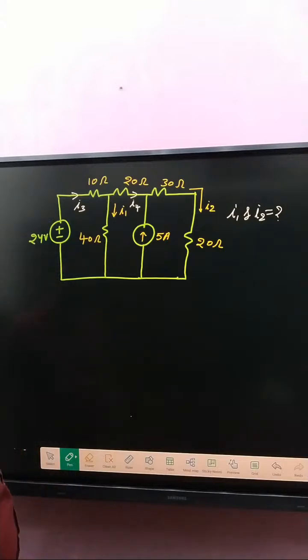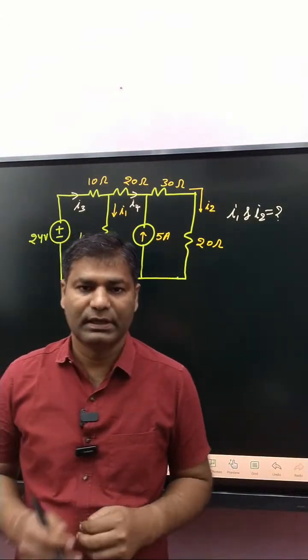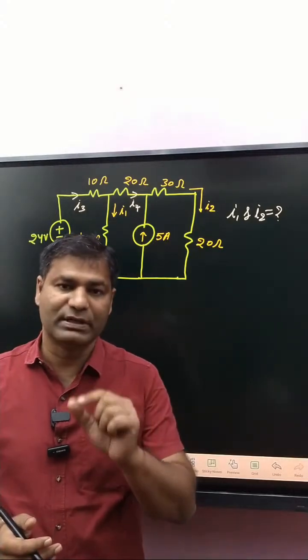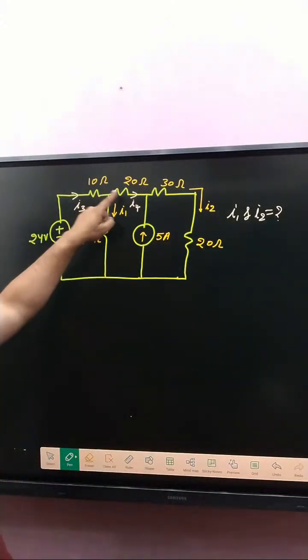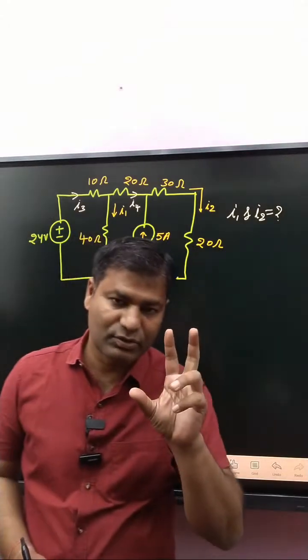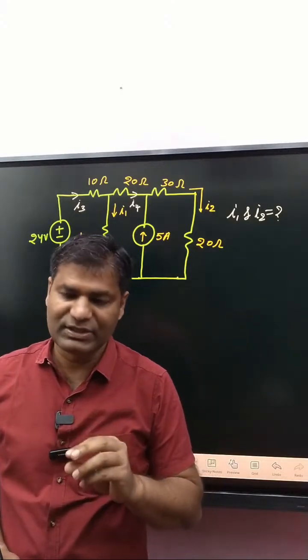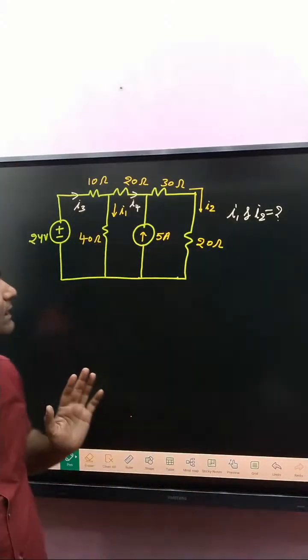Next target, node voltage. The second step of nodal analysis is to decide the node voltages. At least 3 branches connected at any junction is called a node.